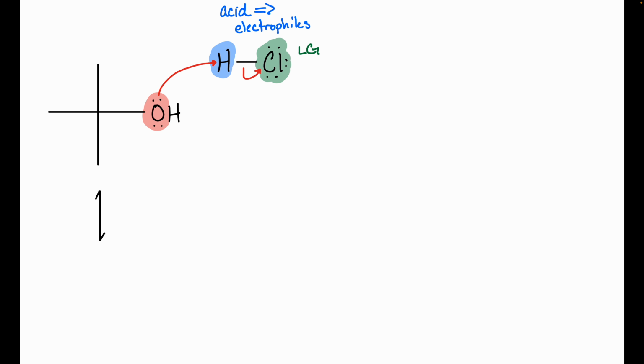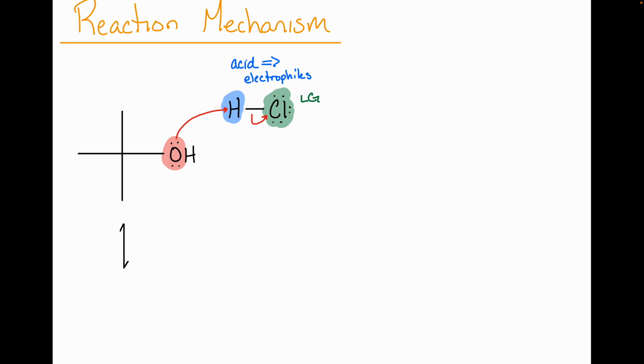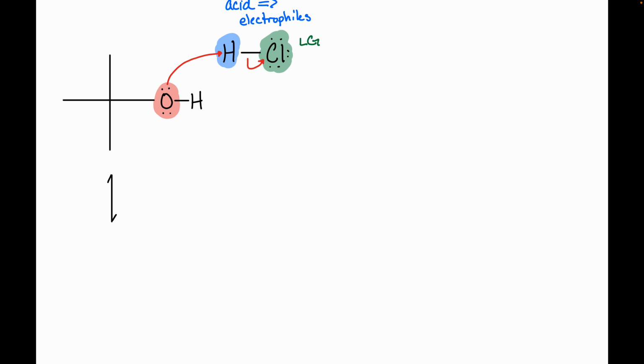So then everybody take a second, following our electron pushing arrows here. What is my product of that first step in our mechanism? All right, so we have a bond breaking arrow here.